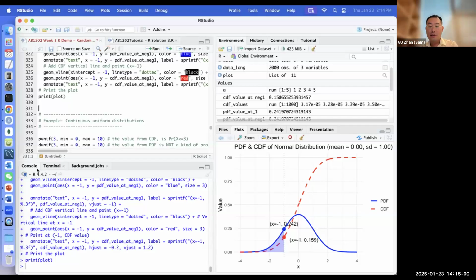The one very important thing is that the PDF value is not a probability value. Instead, the area under the blue curve to the left of this dotted vertical line is the probability.